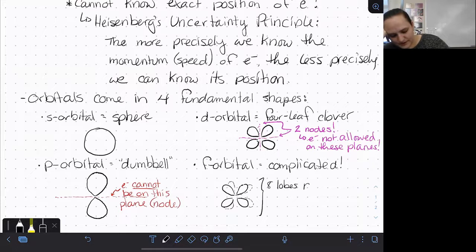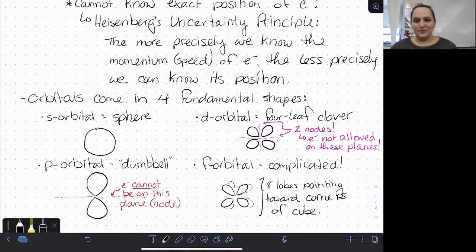So we have 8 lobes that would be pointing towards the corners of a cube, if that helps you visualize it. So I won't ever ask you to draw an f orbital, but they're complicated, is the gist of it.